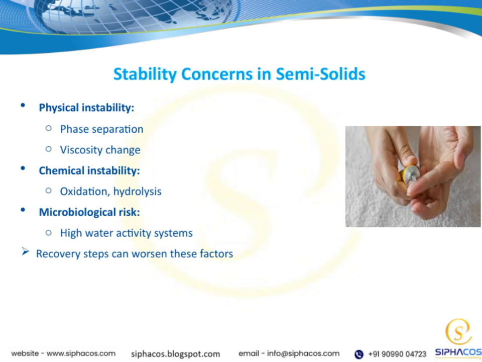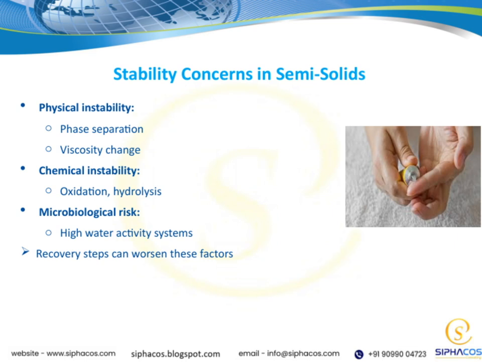Next, there's chemical instability, which involves processes like oxidation and hydrolysis. These reactions can lead to degradation of the active ingredients or the product itself, reducing effectiveness and shelf life. We also need to consider microbiological risks, especially in systems with high water activity.